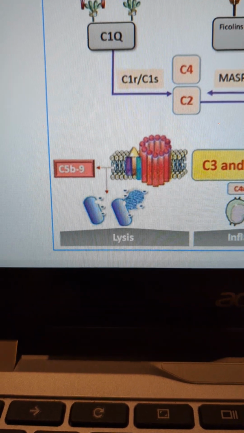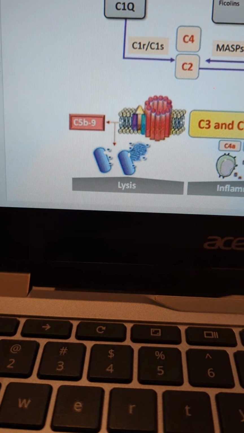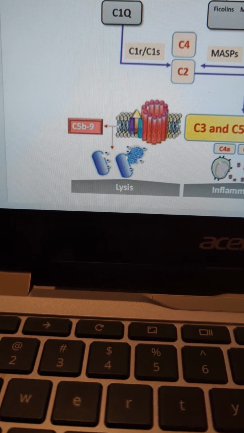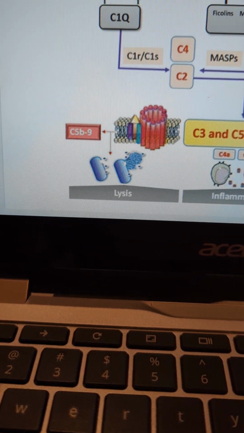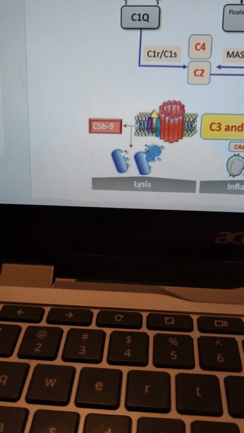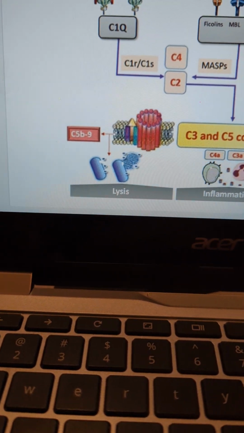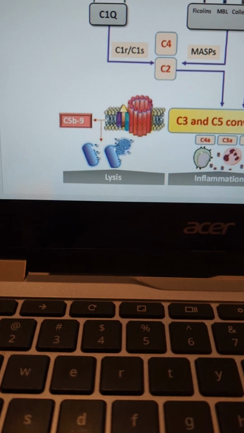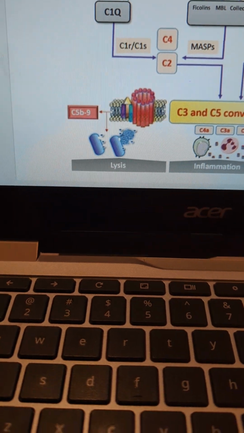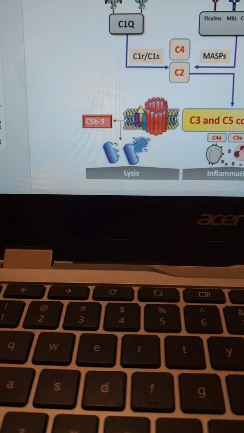structure. Now, the outside of the C9 pore structure is hydrophobic, so it allows it to be inserted into the lipid bilayer of a cell membrane. The inside of the pore is hydrophilic. Now, that means water-loving.